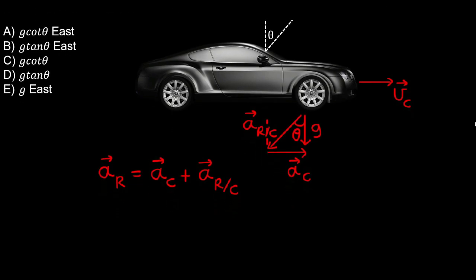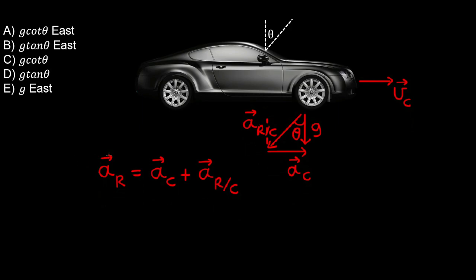But let's solve this problem using the horizontal and vertical components of the acceleration. So in the horizontal direction, the raindrop has no acceleration because it's falling vertically, and we have the acceleration of the car being horizontal minus the magnitude of the acceleration of the raindrop relative to the car sine theta in the horizontal direction.